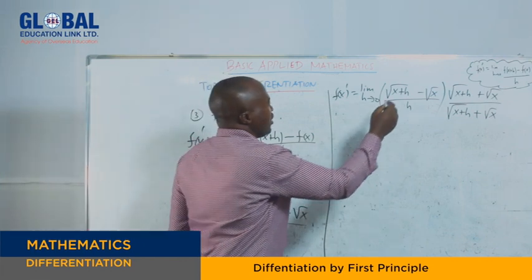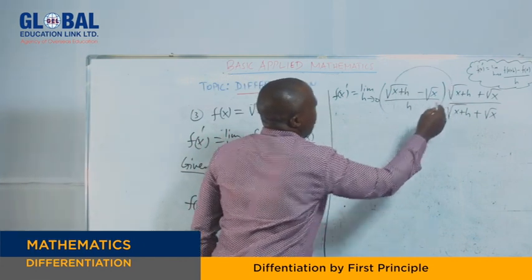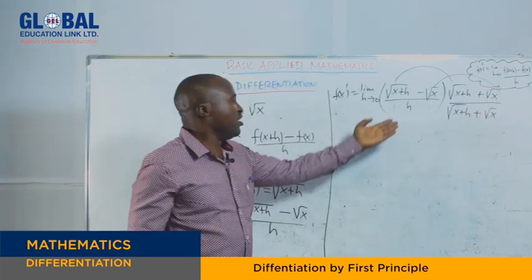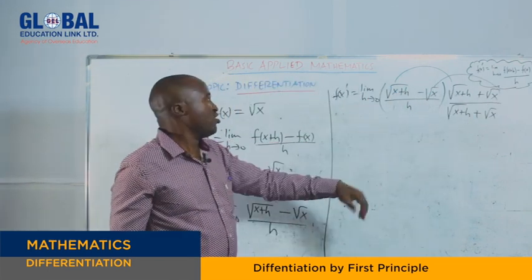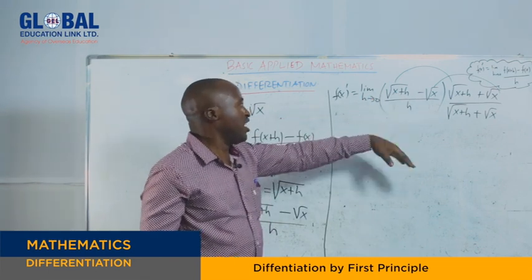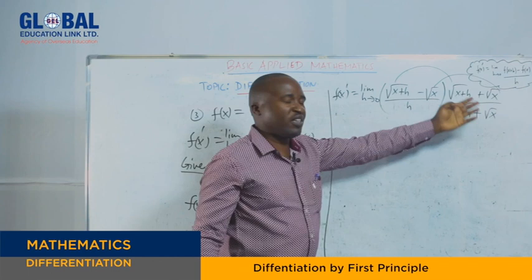Now we just do a simple multiplication of what we have. But remember, this one is the difference of two squares. So we take the square root of x plus h times the square root of x plus h.